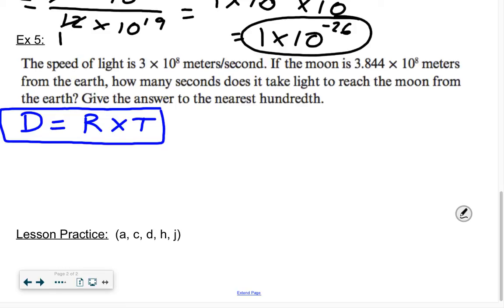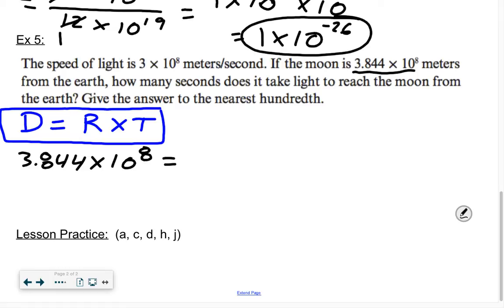Let's start with our distance. What is the distance? Yeah, it's the meters amount. So the distance, 3.844 times 10 to the 8th. So I'll plug that in for D. What does this thing represent?